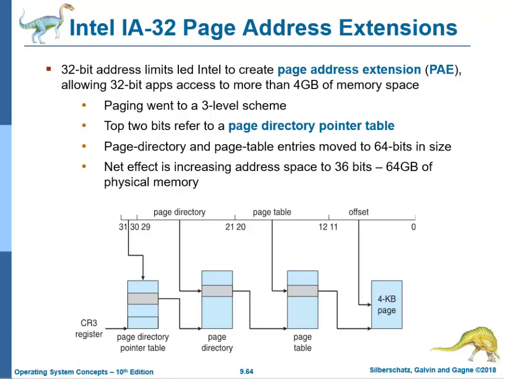The fundamental difference introduced by PAE support was that paging went from a 2-level scheme, as in the previous slide, to a 3-level scheme, where the top 2 bits refer to a page directory pointer table. This figure illustrates a PAE system with 4 KB pages. PAE also supports 2 MB pages.